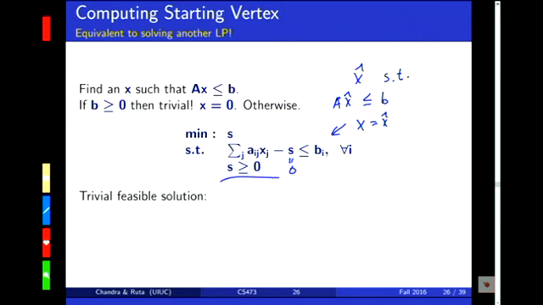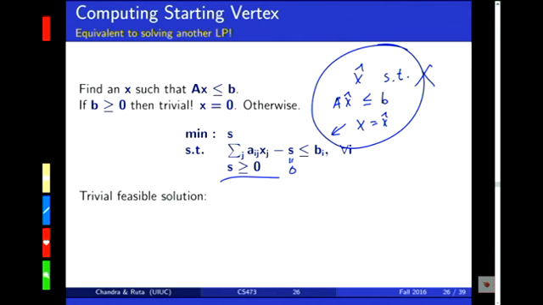What is an obvious feasible point of this LP? So now I don't have x, I don't know this, and I want to find a feasible point. So I should not go in recursion, that's what I'm trying to say.